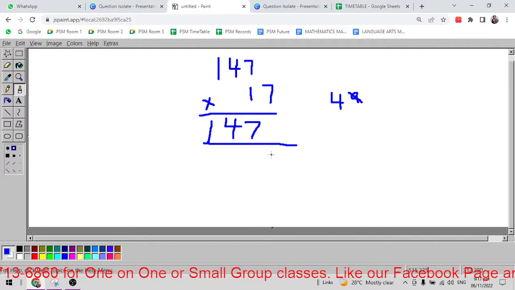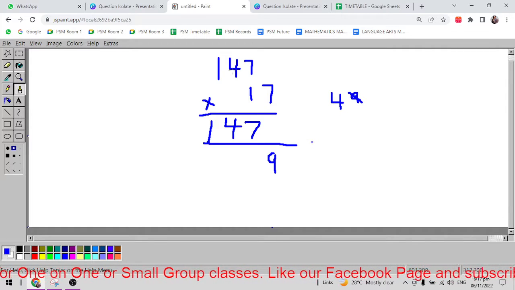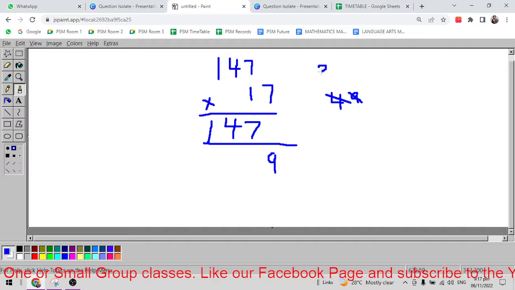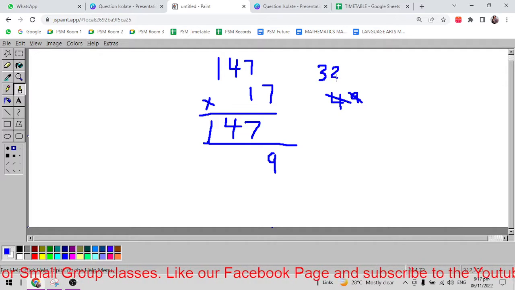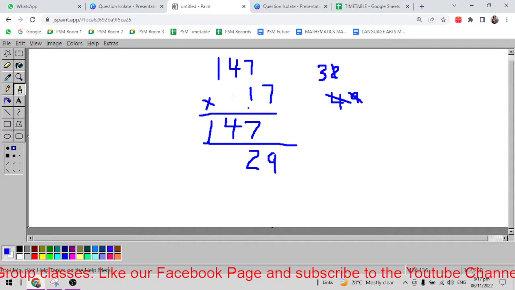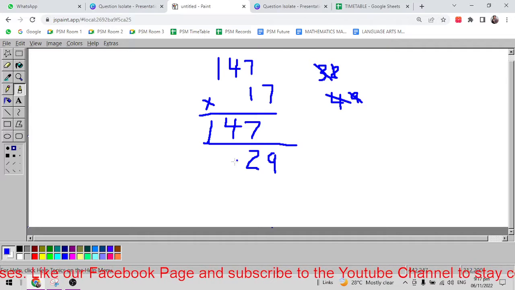You should have your timetables close to you, stuck up on a wall somewhere. 7 sevens are 49. 4 by 7 is 28, plus 4 is 32. Cross the 2, put the 2 below those guys. Then we say 1 by 7 is 7, and then 7 plus 3 is 10.